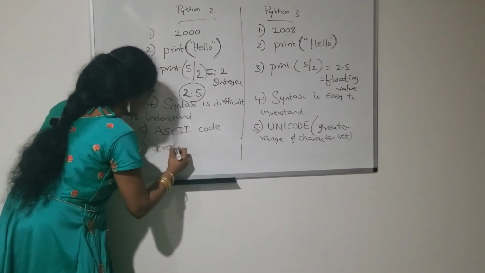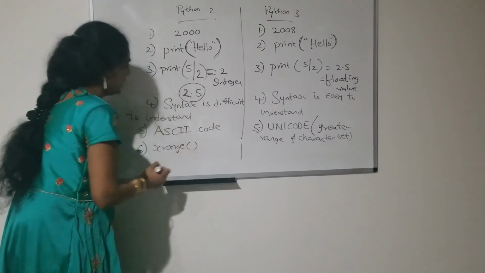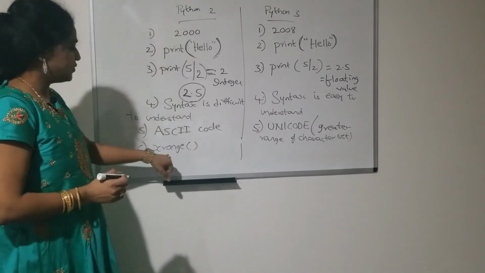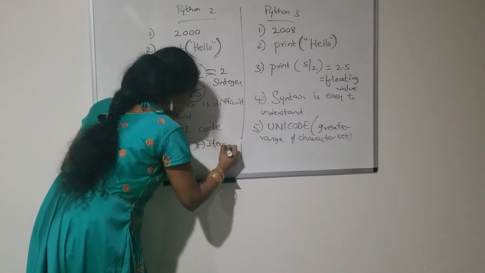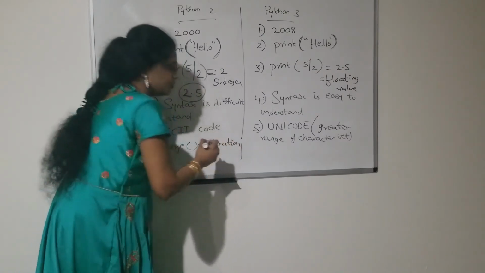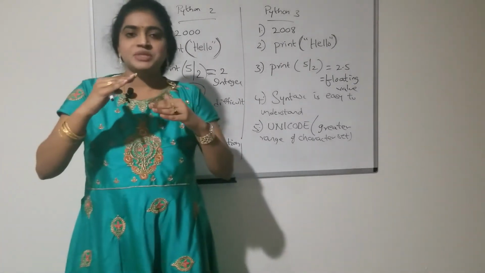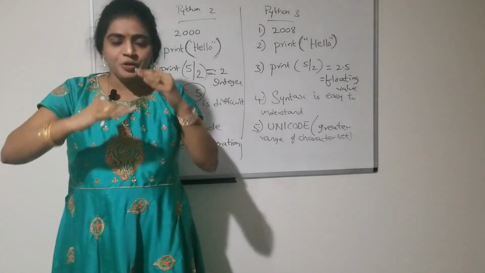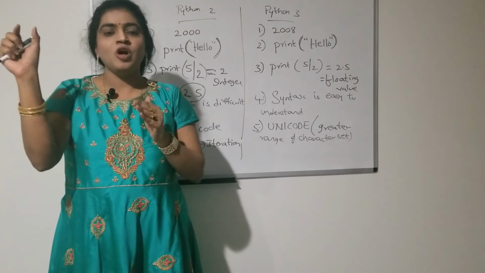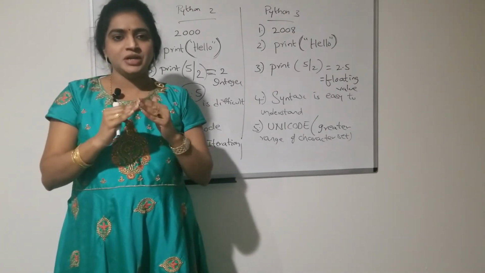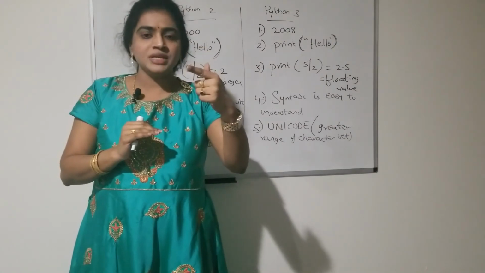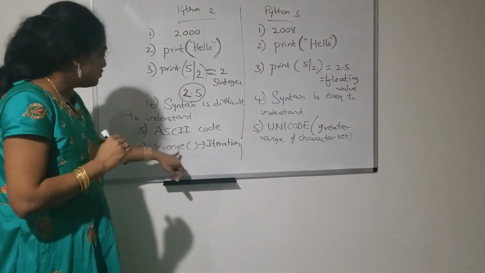The next one is xrange. In the Python 2 version, xrange is the function used for the iteration process. Iteration means executing some set of statements repeatedly until some condition is met. To perform that process in Python 2, the xrange function is used.